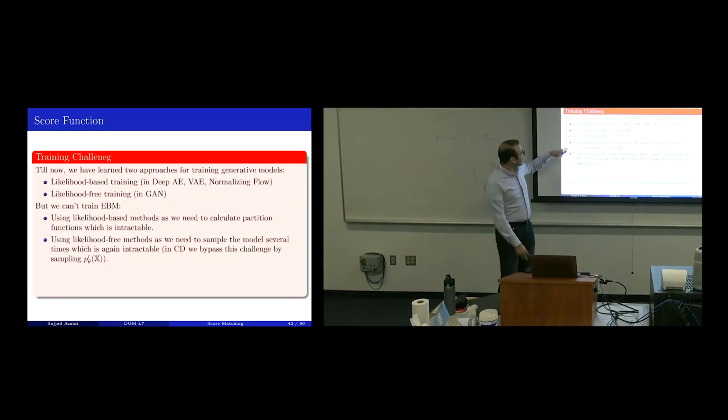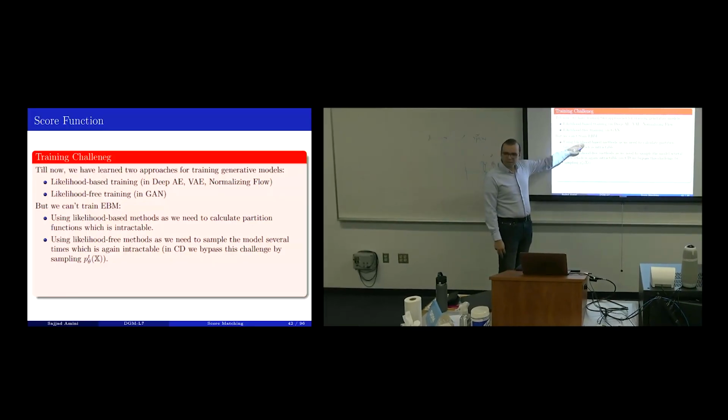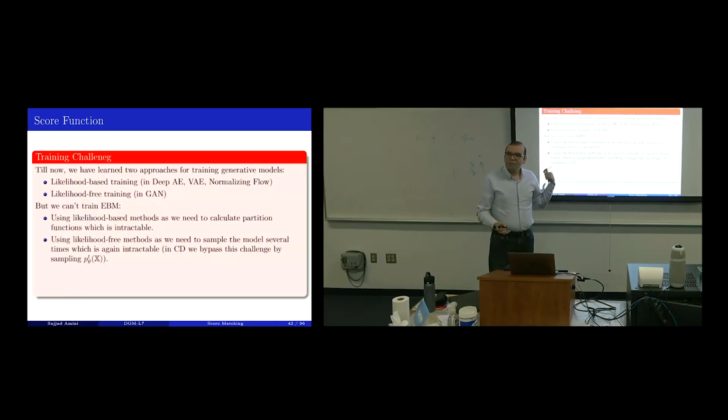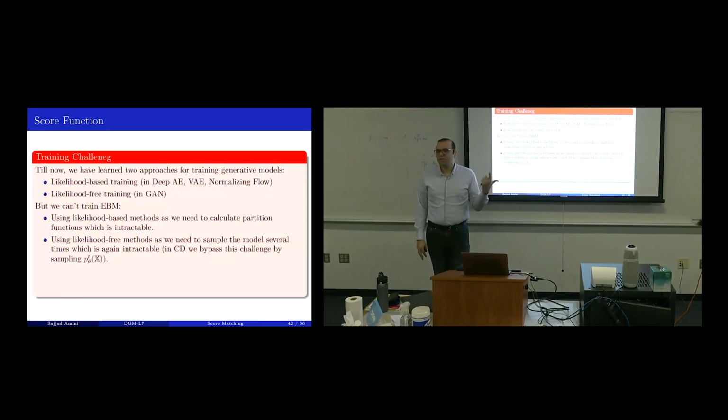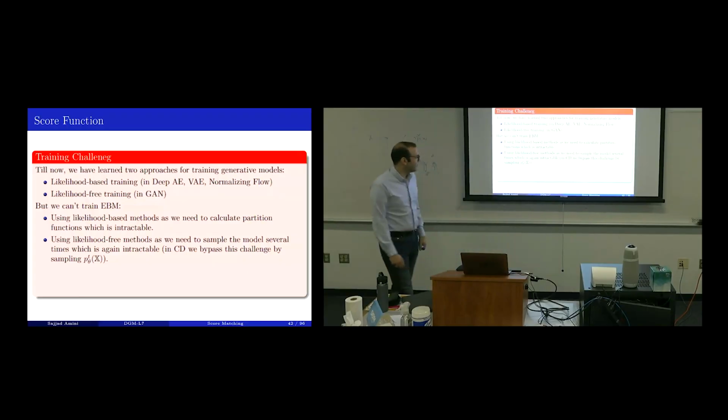So energy-based models have a problem both for likelihood-based and likelihood-free methods. Does it make sense? Why are both of them challenging for energy-based models? The likelihood is challenging because you cannot calculate the partition function. The likelihood-free approach is challenging because you cannot easily sample from the model. So both of them are challenging here, and we should find a new way of fitting these models.